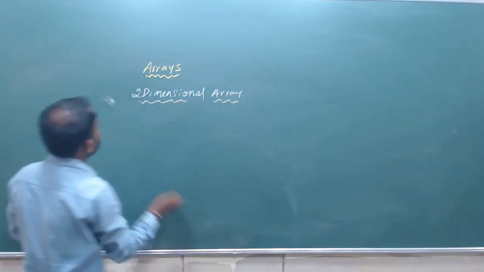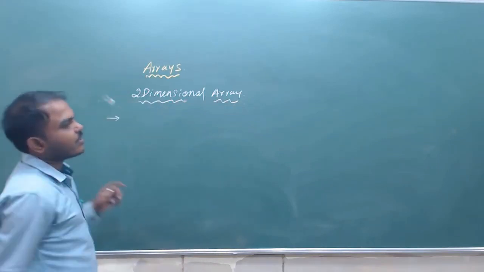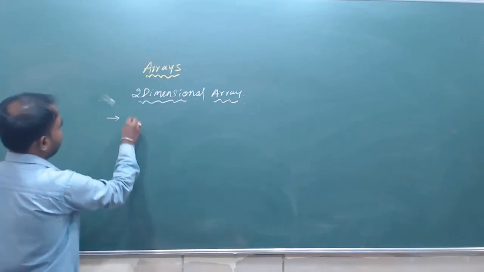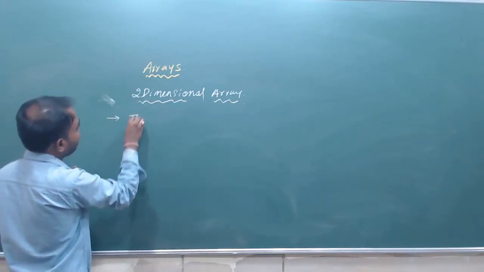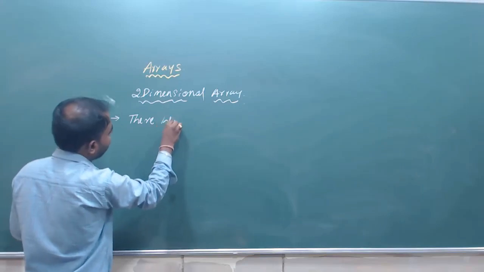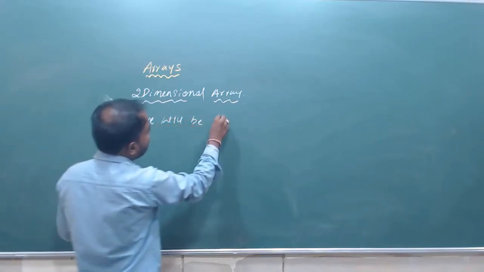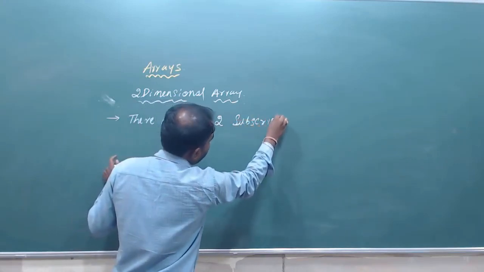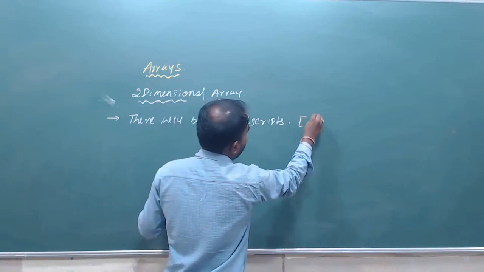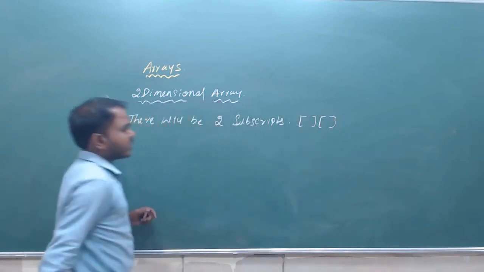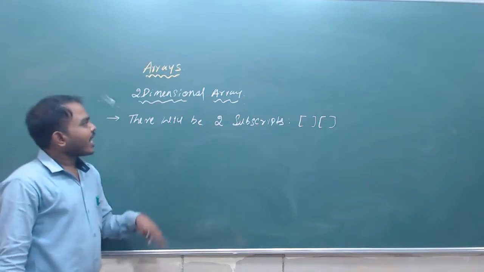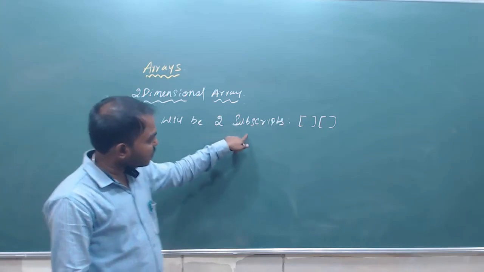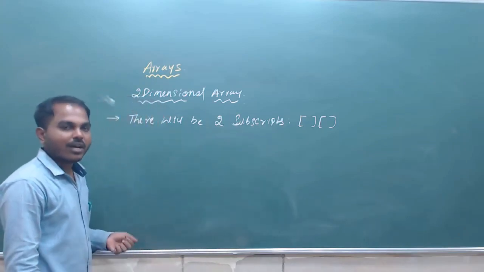If it is two-dimensional, there will be two subscripts, like two square brackets. This is how we identify in what dimension the given element is. If there are two subscripts, then it is a two-dimensional array.